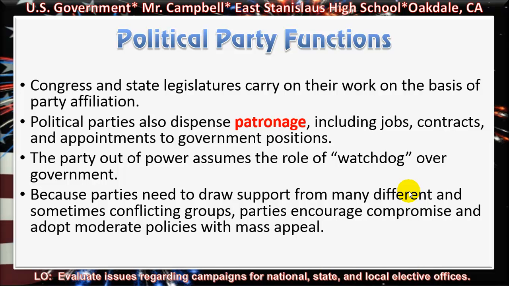They tend to take more moderate positions, whereas some of the third parties may take the more extreme positions. But to really be electable, they usually have to have mass appeal, appealing to people across party lines to some degree in order to be elected. So taking a real radical stance is going to alienate a lot of people.